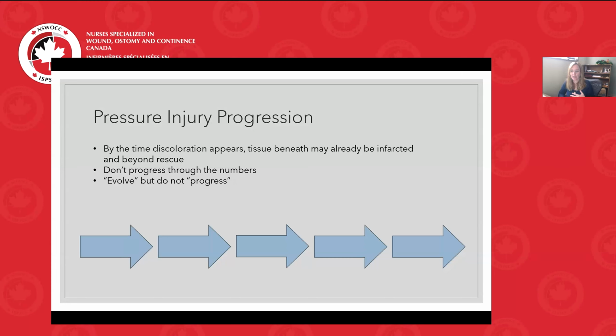We know that might not be true. We know that they might evolve but not progress. You might have a stage 4 pressure injury that looked like a deep tissue injury in the beginning, but now it's a stage 4 pressure injury. So they can evolve but not progress.